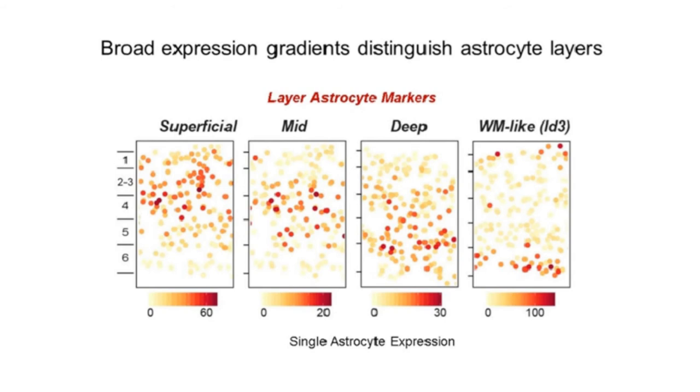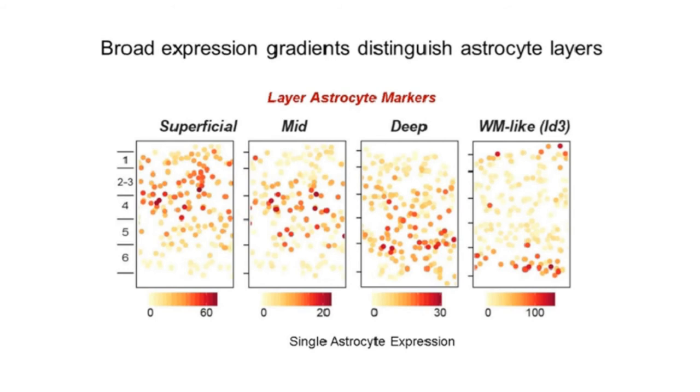In addition, we identified that the astrocytes in the deepest cortical layer, layer 6, share gene expression such as the expression of ID3 with the underlying white matter, confirming previous observations that these deep layer astrocytes are similar to those fibrous astrocytes found in the white matter.